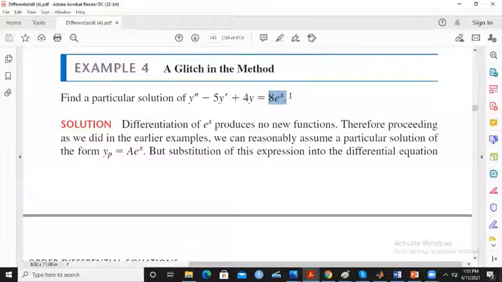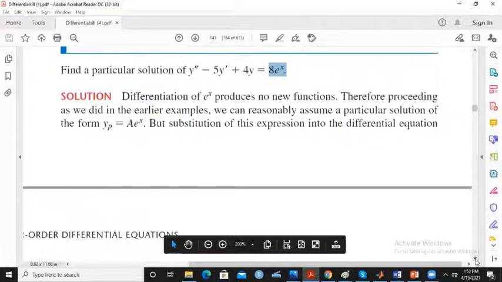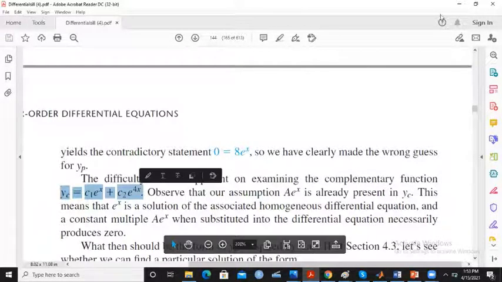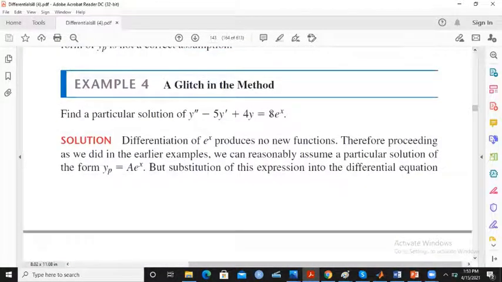For yp, the function from which we will take the motivation is also 8eˣ, which is similar to the complementary solution. When we obtained the two roots, we got 1 and 4 as the roots of the characteristic equation. So I have yc as c1 eˣ plus c2 e⁴ˣ, and something similar is already available on the other side, 8eˣ.